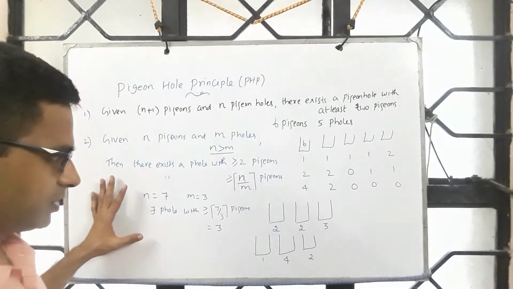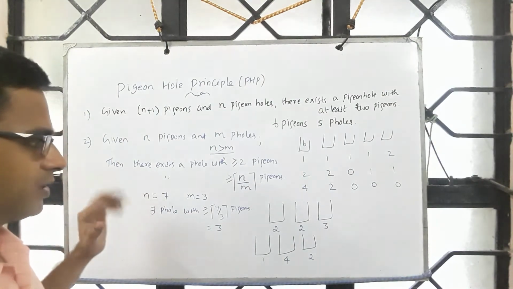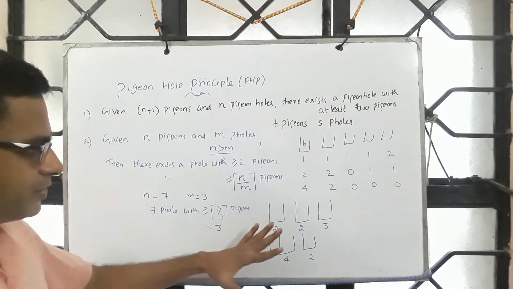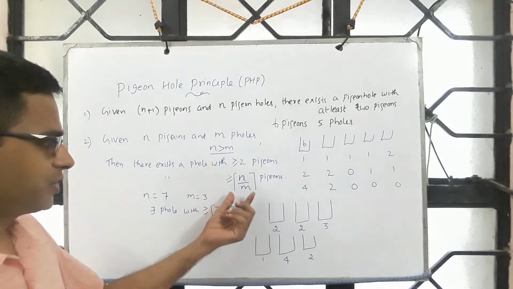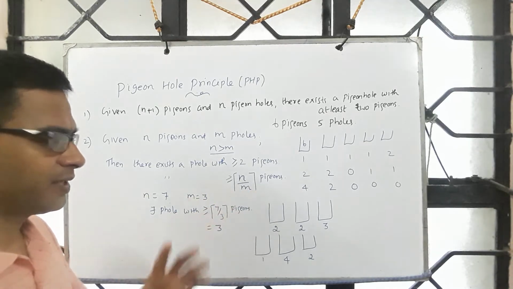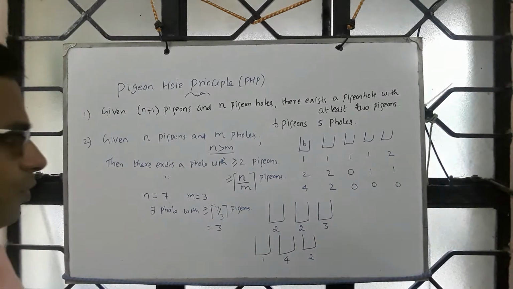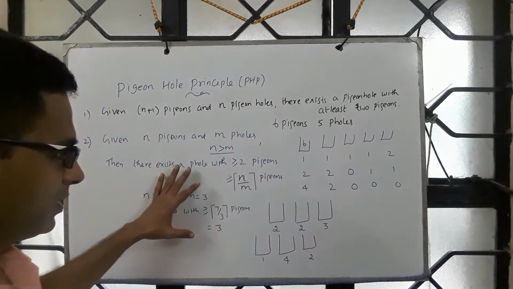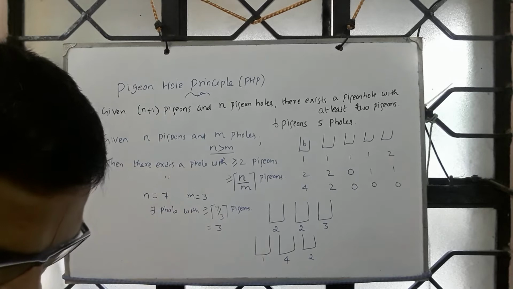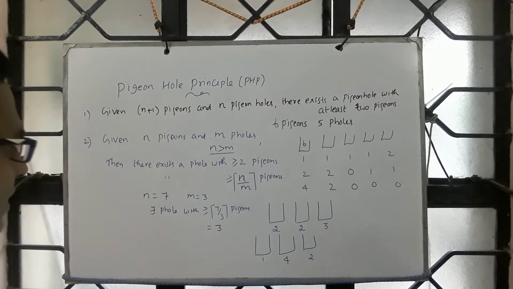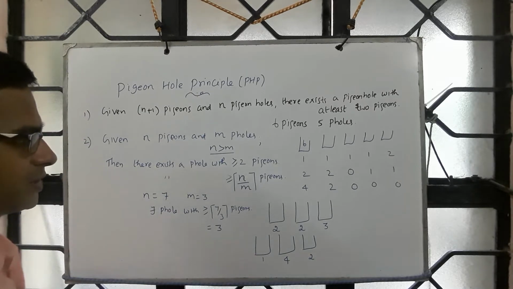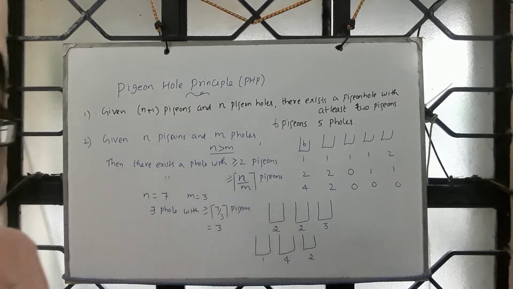And that's precisely what the principle is saying. You come up with any distribution. In any distribution, there exists a pigeonhole containing this many pigeons. Now, we will see an application of this, how exactly it is applied in problems.